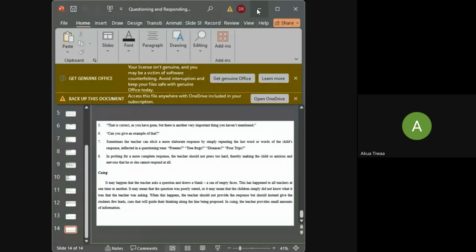So, a note on differentiation: we are going to support slower learners with step-by-step guidance. Encourage advanced learners to create sample questions or help peers. So those who are advanced need to support their peers, and those who are slower, we are going to guide them to catch up.